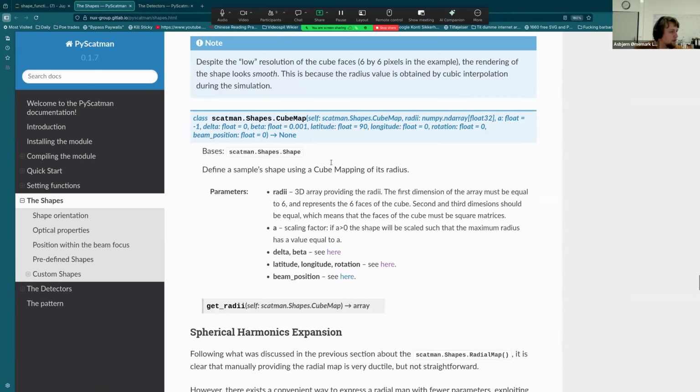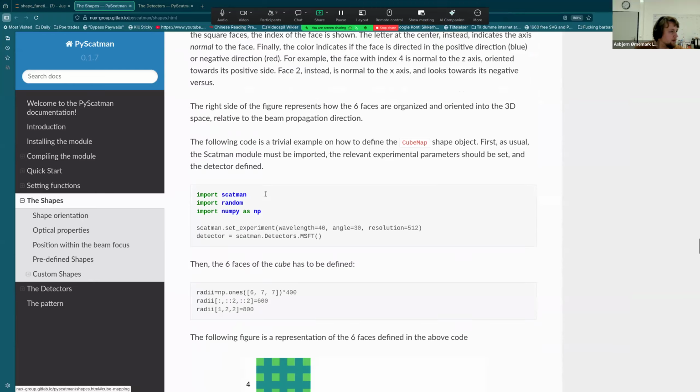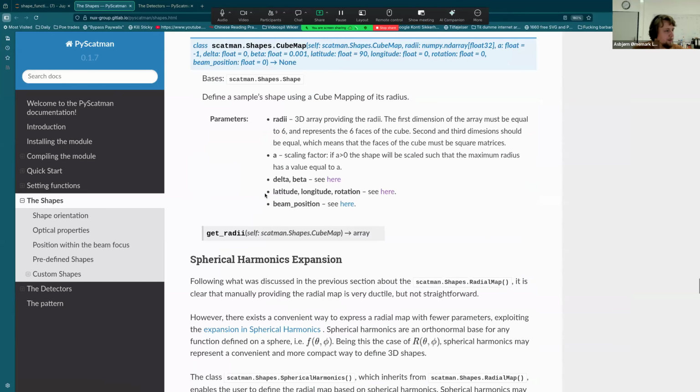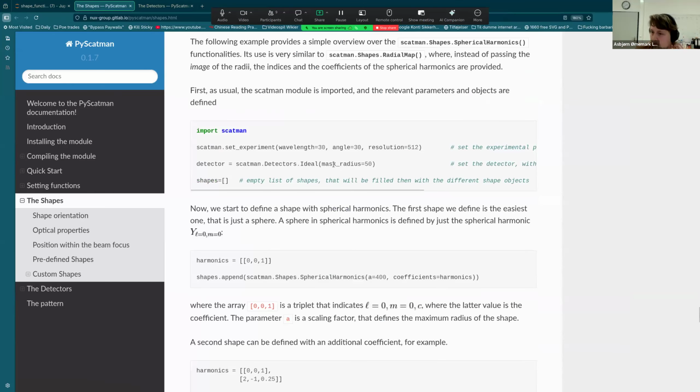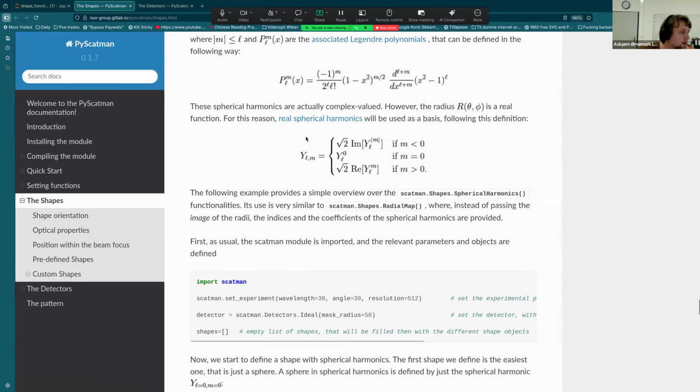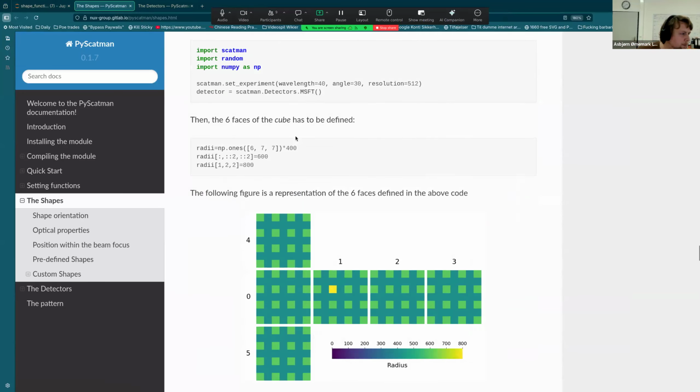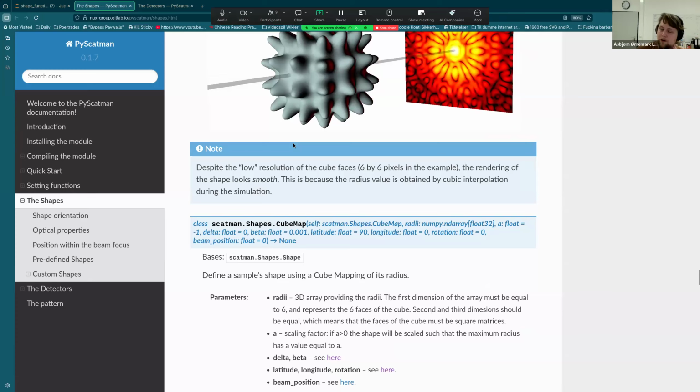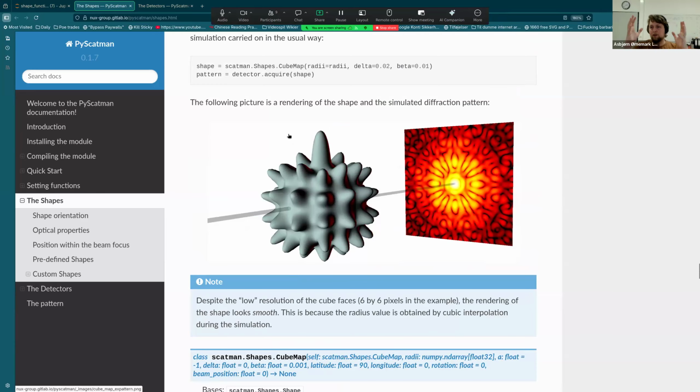There are also these cube maps and spherical harmonics. One example could be that you have some shape that is in the process of becoming a nanoplasma. I believe the common image for helium nanodroplets is that they are usually spherical, but once you start igniting them, they start wobbling.